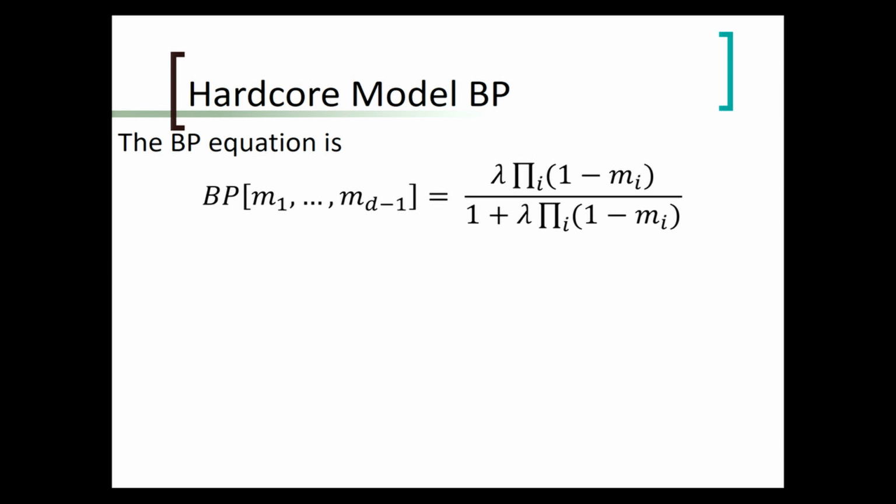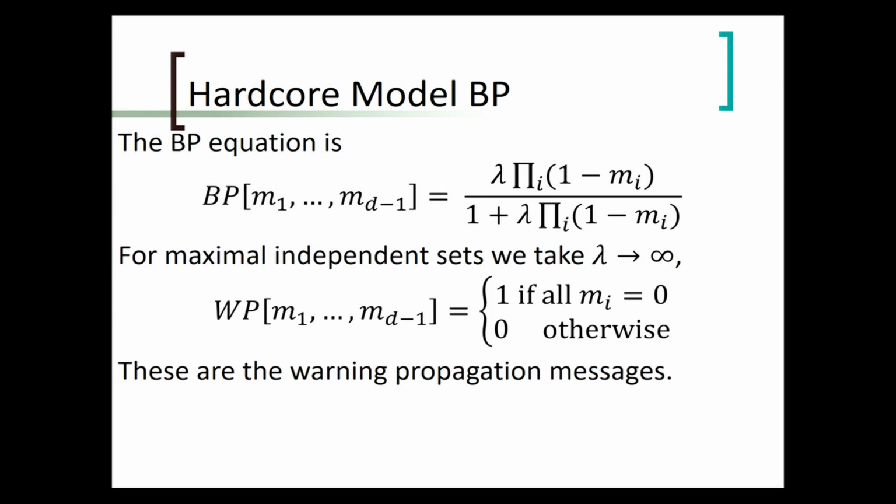But now imagine in the BP equations we took lambda to infinity. You get something very simple, what I'll call the warning propagation messages: you'll get a 1 if all of the incoming messages are 0, and a 0 otherwise. So all of the warning propagation messages will just be 0s or 1s.